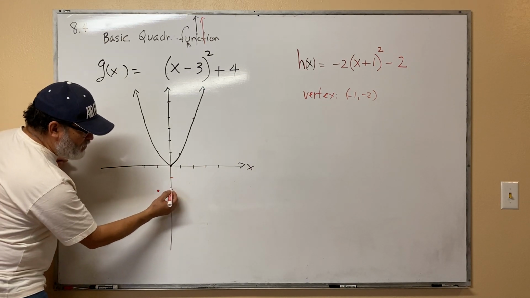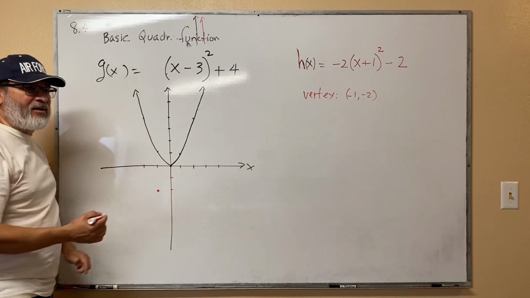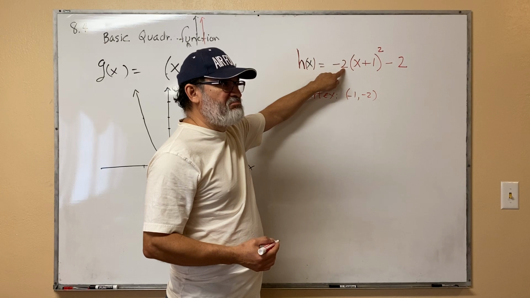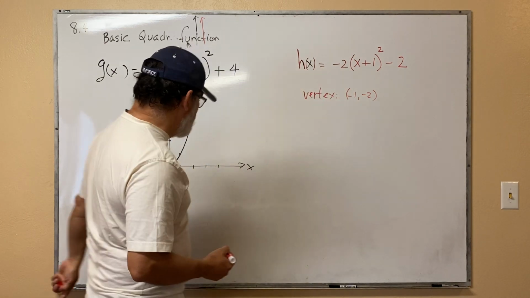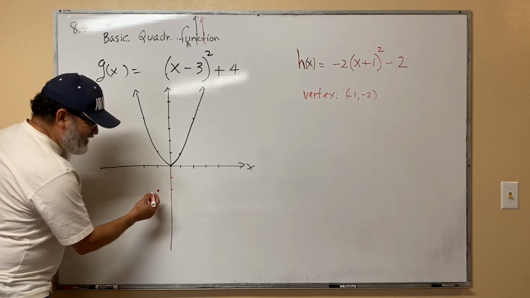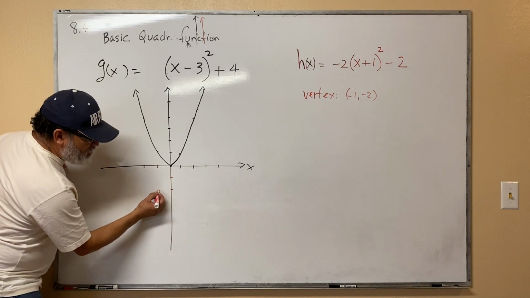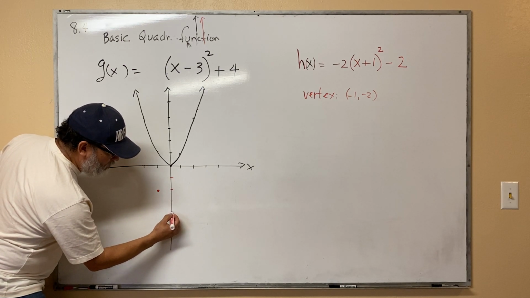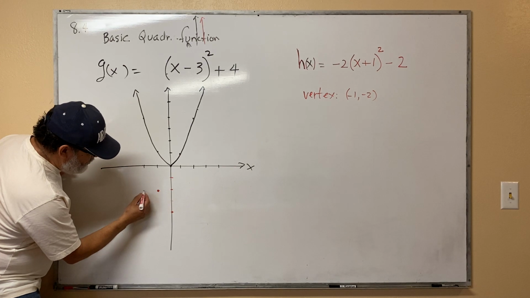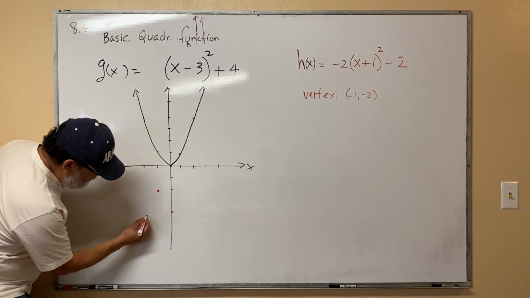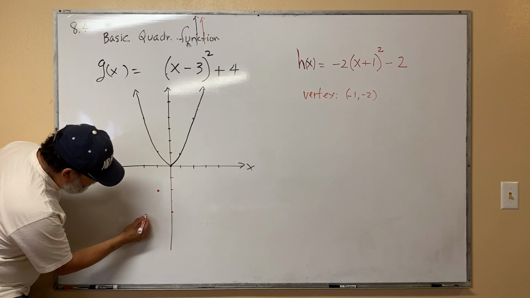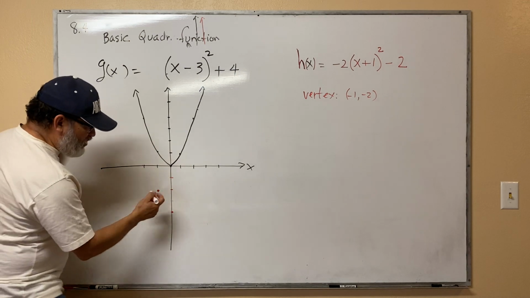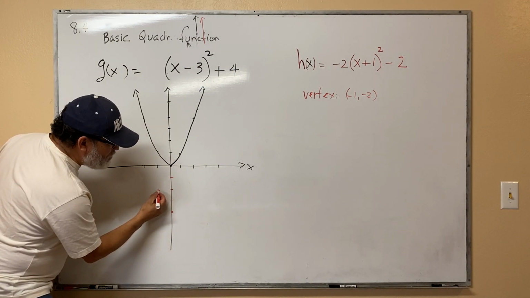How about this one? Once to your right, take that one, multiply by -2. So what's 1 times -2? -2. So from the vertex, once to your right, 2 down. Right there. Once to your left, 2 down. Yes. From the vertex, twice to your right.